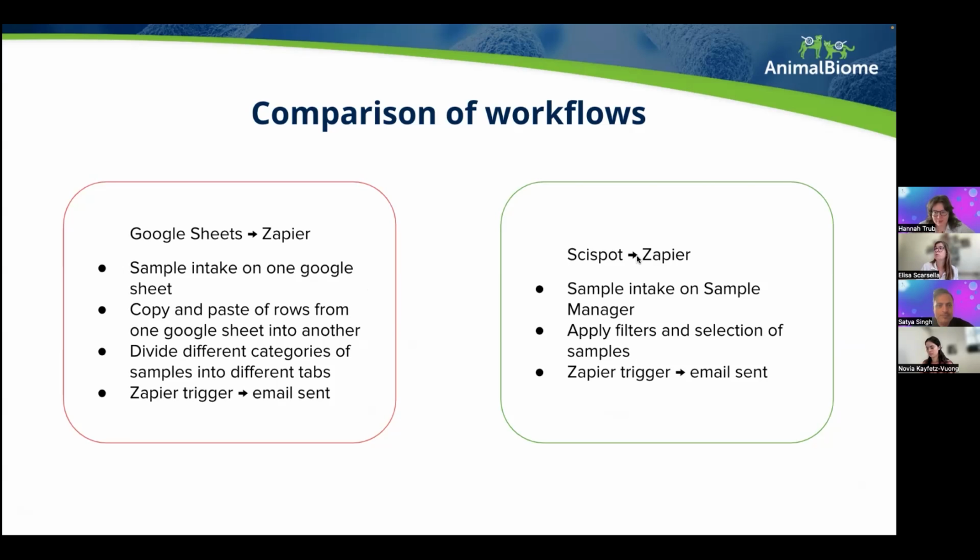With Zapier through Scispot, we can do sample intake on Sample Manager in a very fast way. We just need to apply filters and select the samples which we want to send the emails to, and then trigger Zapier through a simple click.